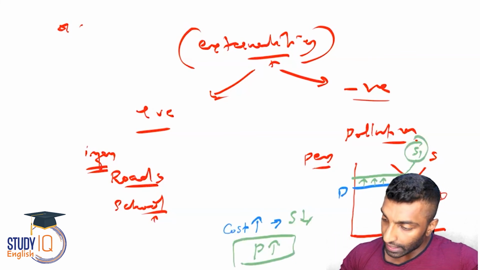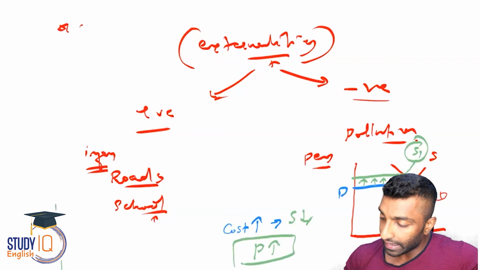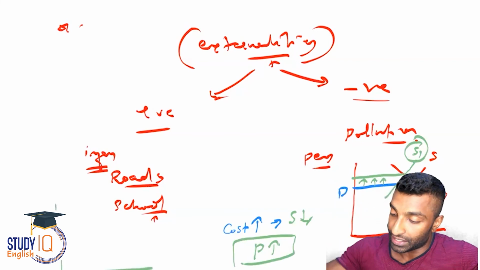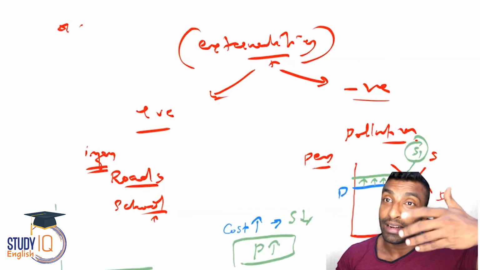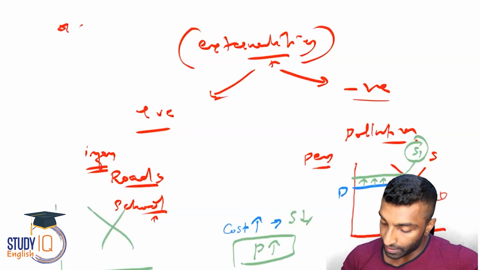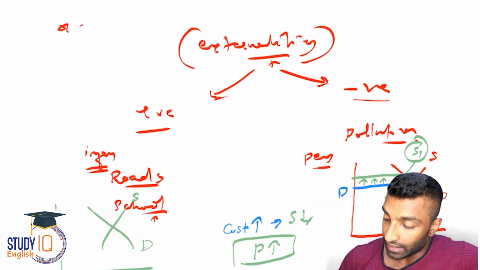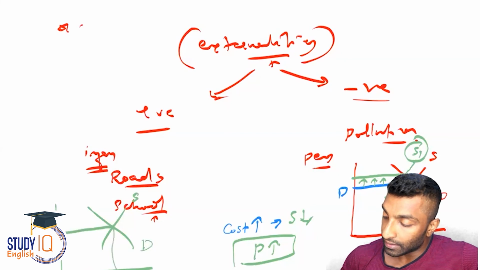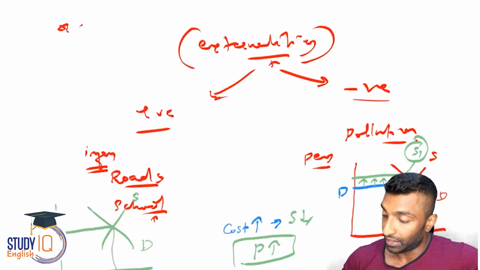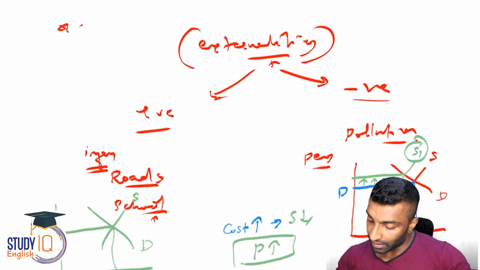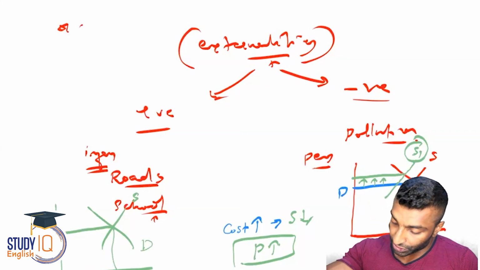Now, on the other hand, if you see this side, education, the government is trying to encourage it. Let's say this is the demand and this is the supply, P and Q, and this is the cost of education. What will happen is the government is providing some infrastructure, right?